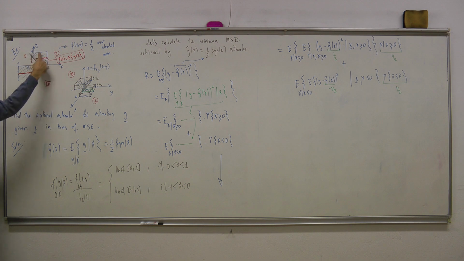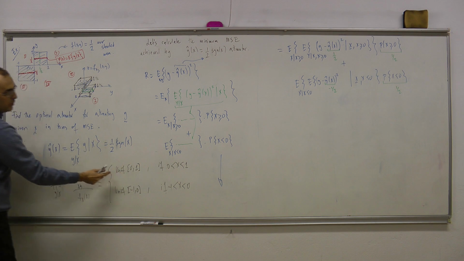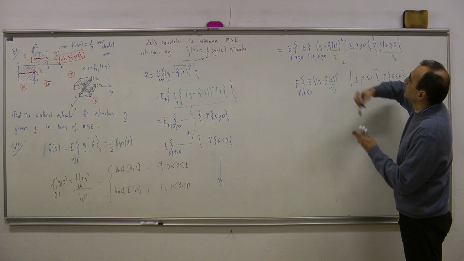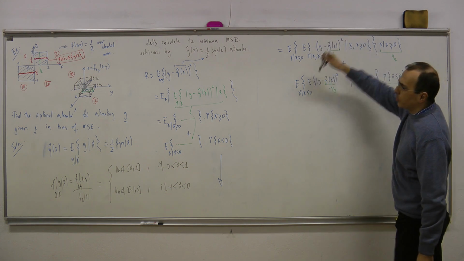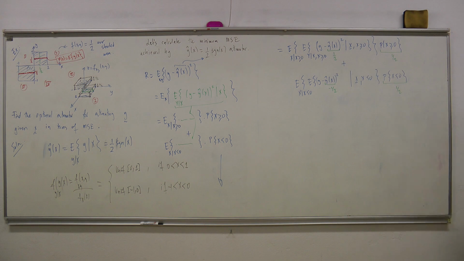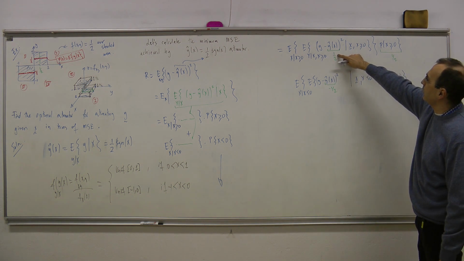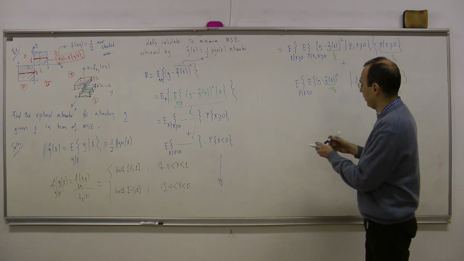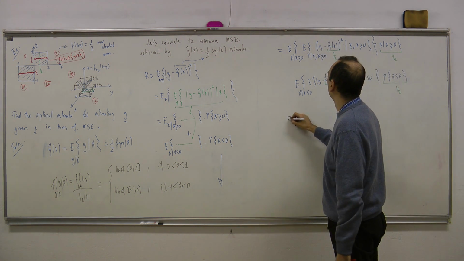When x is positive, y is uniformly distributed in 0, 1. So what we see is, when x is positive, I have 0, 1 distribution, then this is its variance, isn't it? Because its mean value is 1/2, then its variance is this quantity.